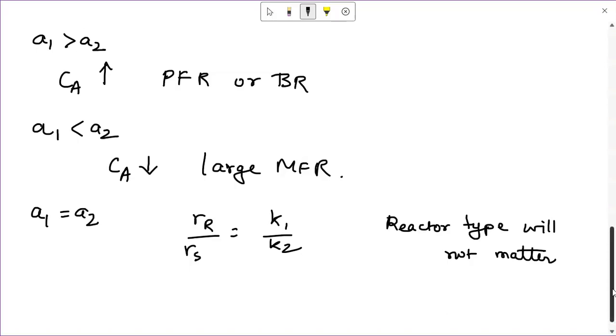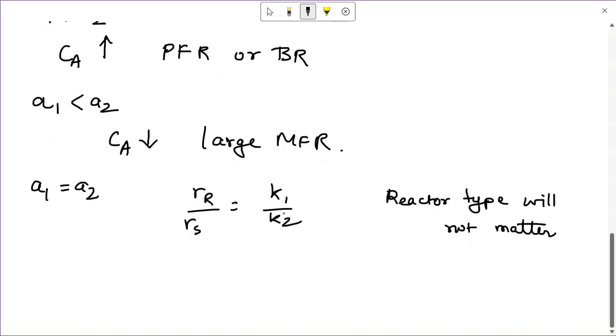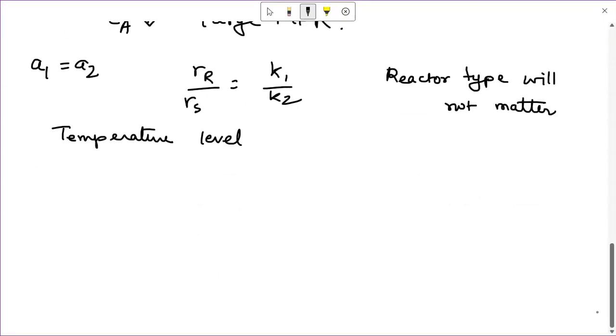This K1 and K2, these reaction rates, are very much dependent on the temperature term, because there is a factor called activation energy. So one way to manipulate is by changing the temperature level. Let us say that the activation energy associated with the desired reaction is E1, and E2 is the activation energy associated with the undesired reaction.